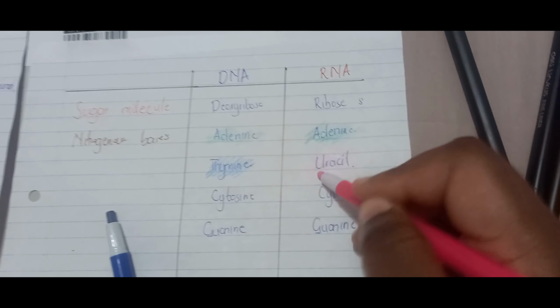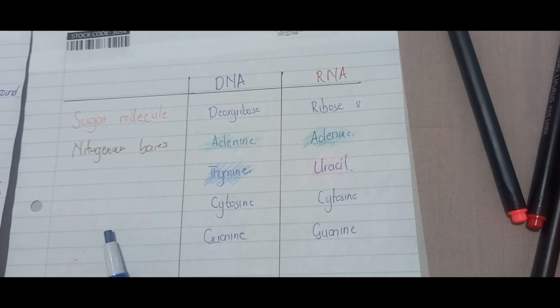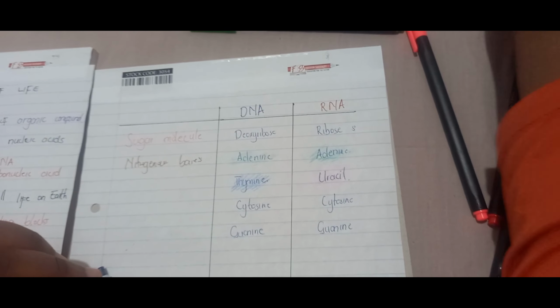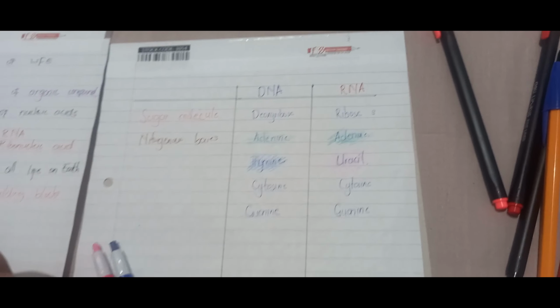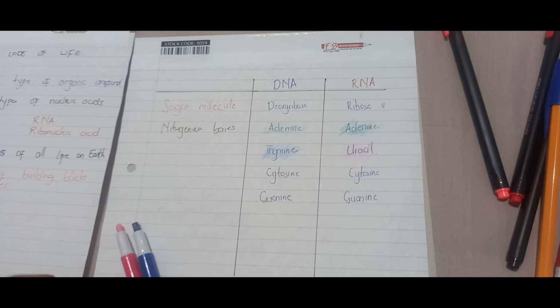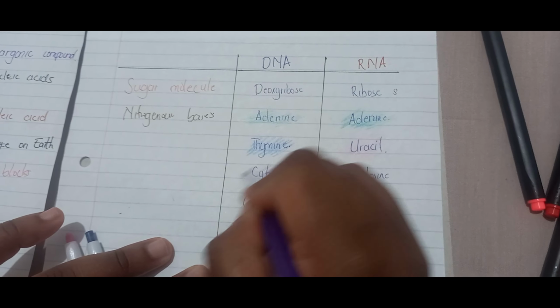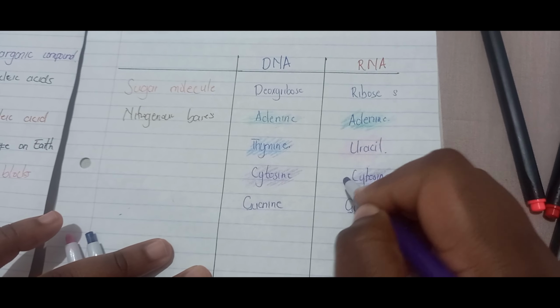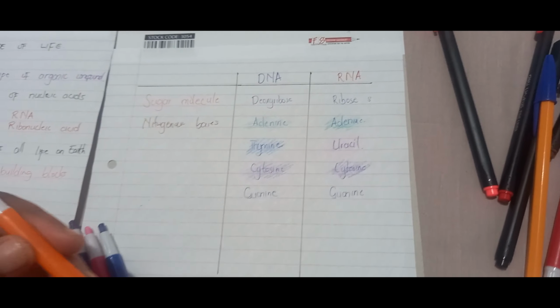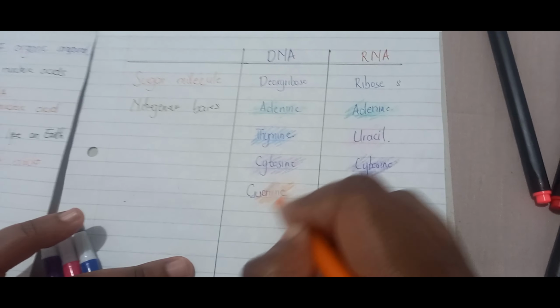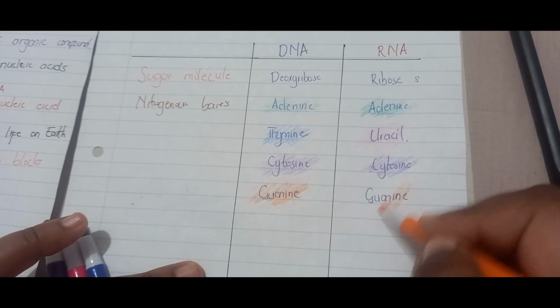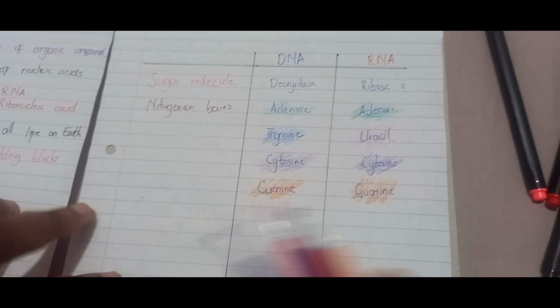So that one is different for them. Then cytosine is the same, so I'm going to use my same color. Then the last one, which is the same also, is guanine.